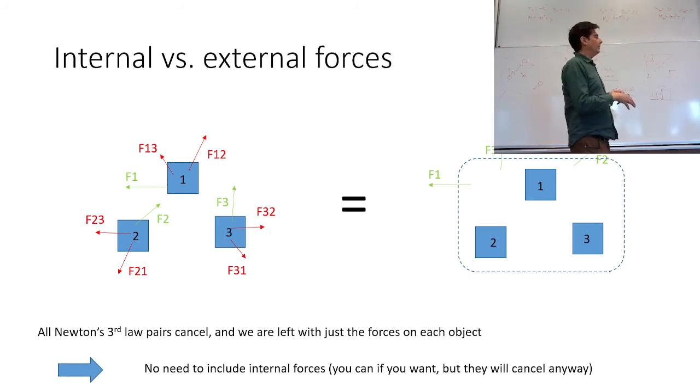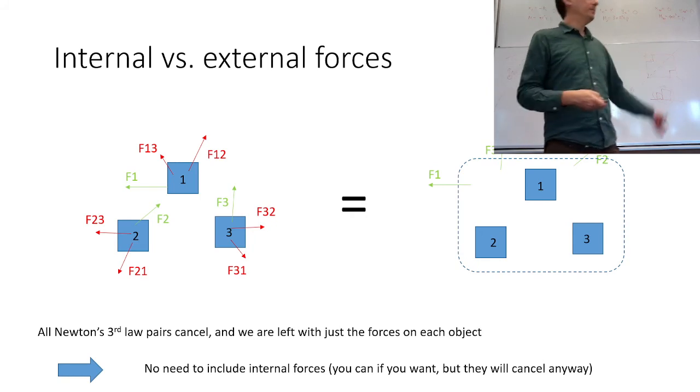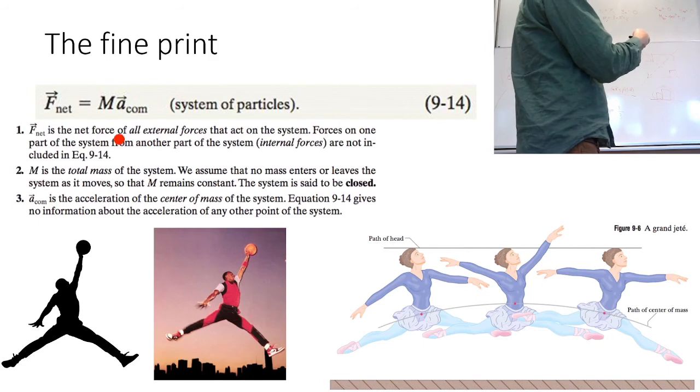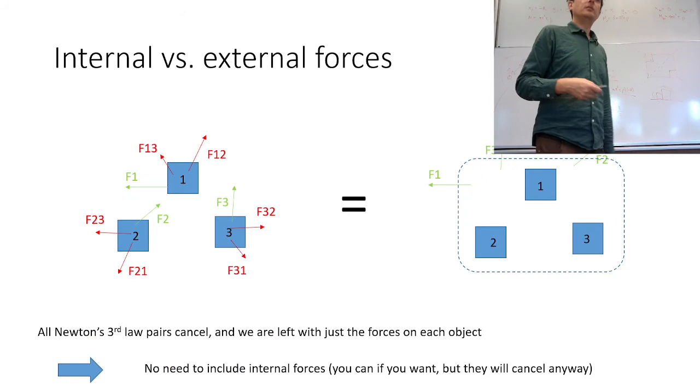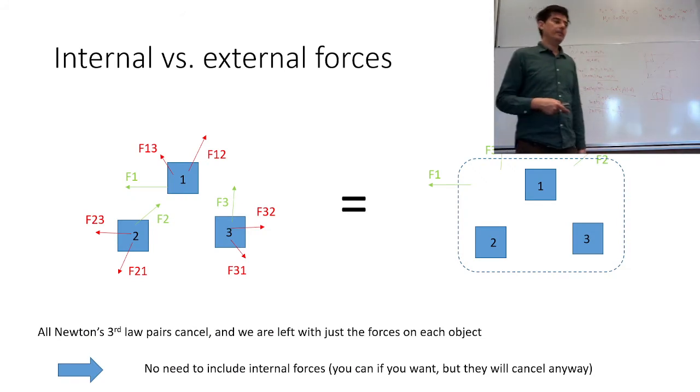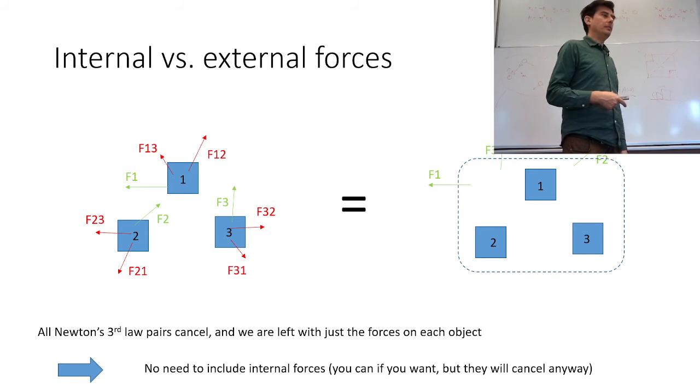It's not that you're not allowed to include the internal forces. So I said that F net is the net force of all external forces, right? It's not so much that you shouldn't include the internal forces, but it's just a simple trick, if you like, because you know that they're all going to cancel anyway.